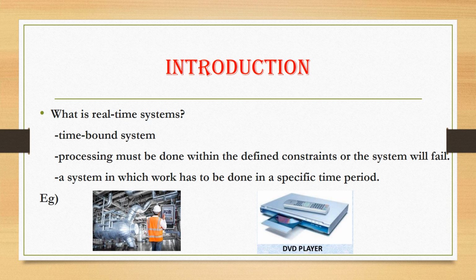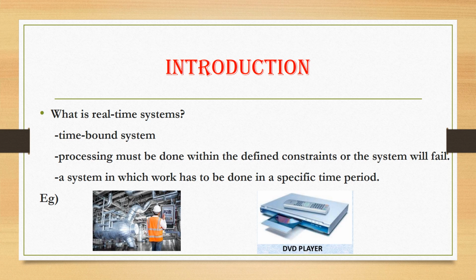For example, consider a boiler in a chemical plant. The boiler's temperature should be noted each and every second, so there will be a sensor. This sensor is used for monitoring the temperature of the boiler every second. When the temperature exceeds a particular limit, the information should immediately be sent to the control room.